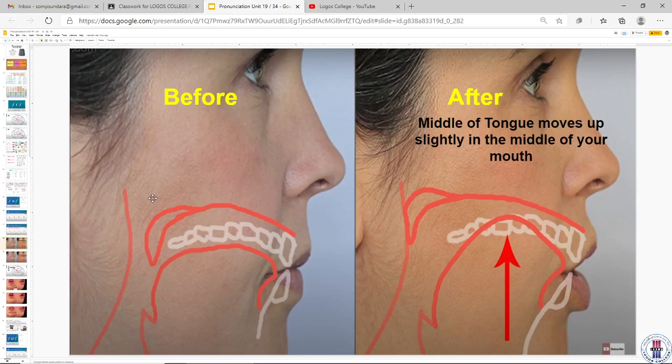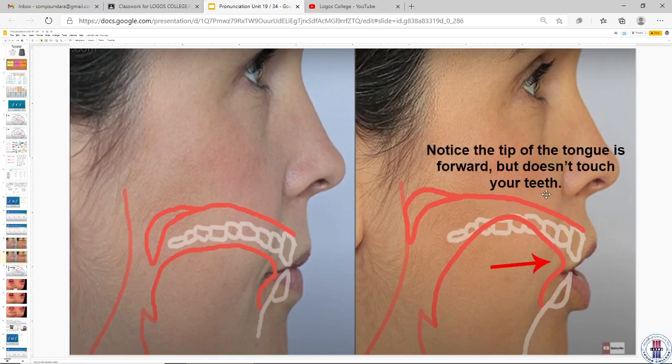The British will say it. So here, when you do that sound, the tongue goes up in the middle of your mouth. The tongue goes up in the middle of your mouth.